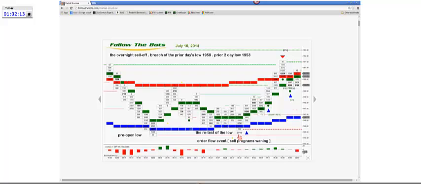abbreviations, and these appear in real time. These we call order flow events. For example, on this chart, this morning after the market sold off in the overnight session and pulled back prior to the open down to 1946, there was a second retest of the low.